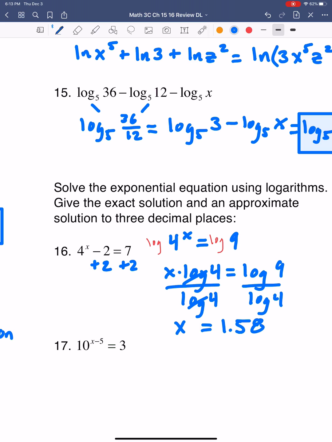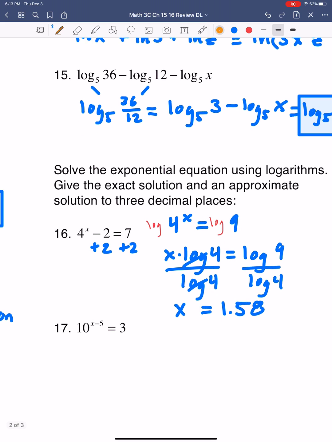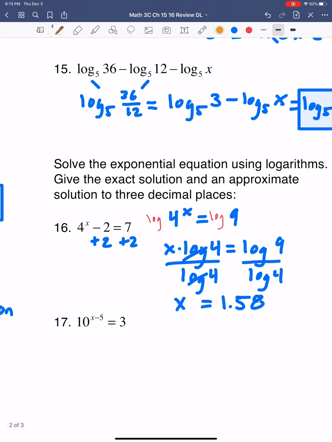Moving to number 17 here, same process. Notice I'm going to rewrite it just so we have a little more space here. Notice that the base of the exponent is already isolated. We have some stuff in the exponent, but there's nothing down there on the ground level.